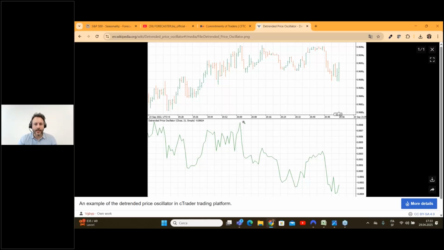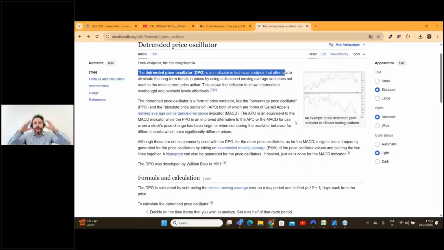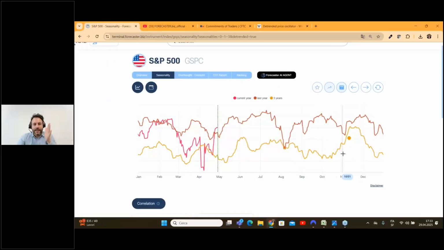As you can see, highs and lows are the same you can find on the chart, but the aim of the trended price oscillator is to create a chart without a trend, so you can understand if there is a specific cyclical pattern inside this chart.